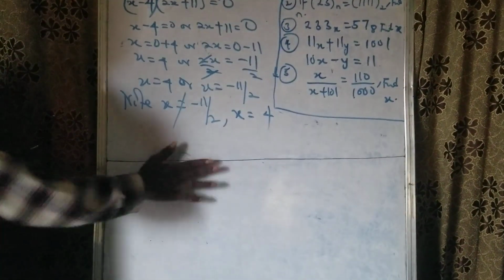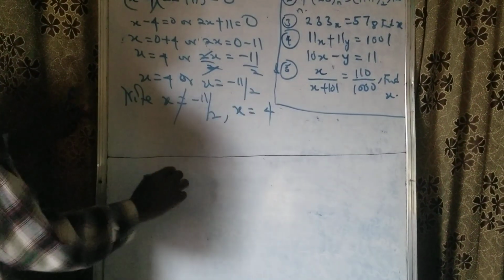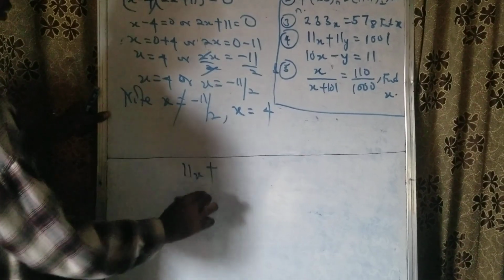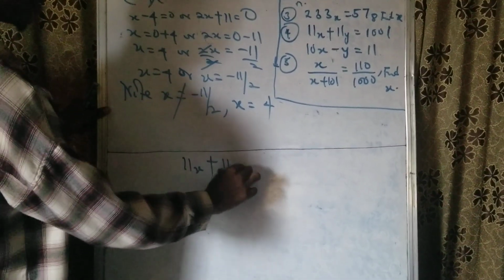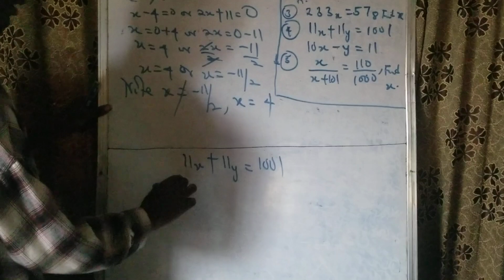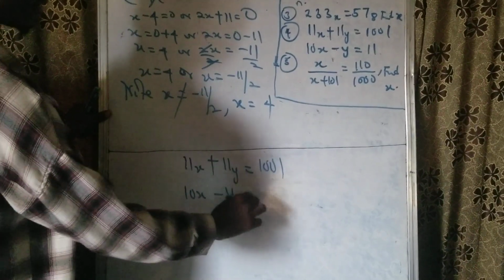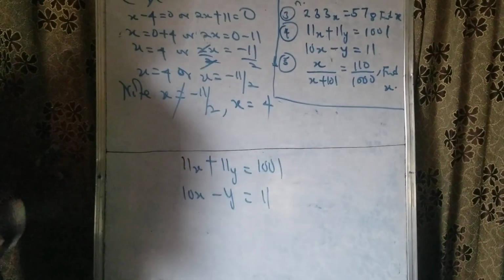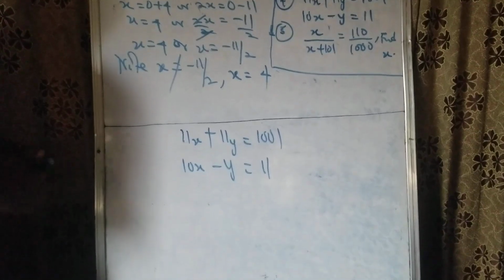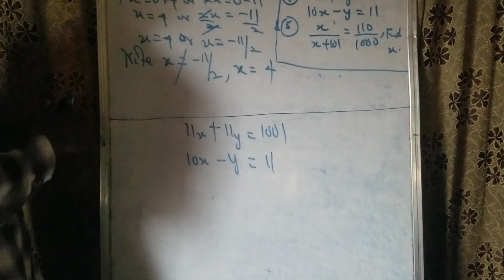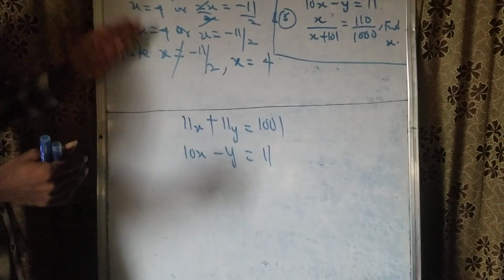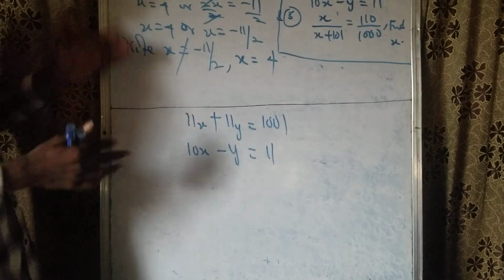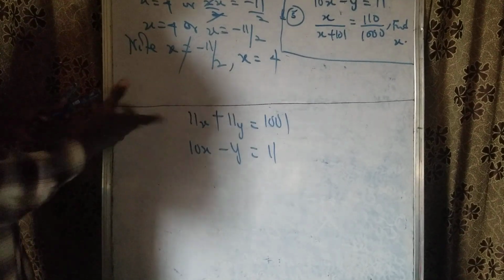So now we're having 11x plus 11y equals to 1001, and here 10x minus y equals to 11. Are we good to go? So we are looking for the value of x and y. You can see equations involving number base. One is leading to quadratic equations, but here is a simultaneous equation in this case.